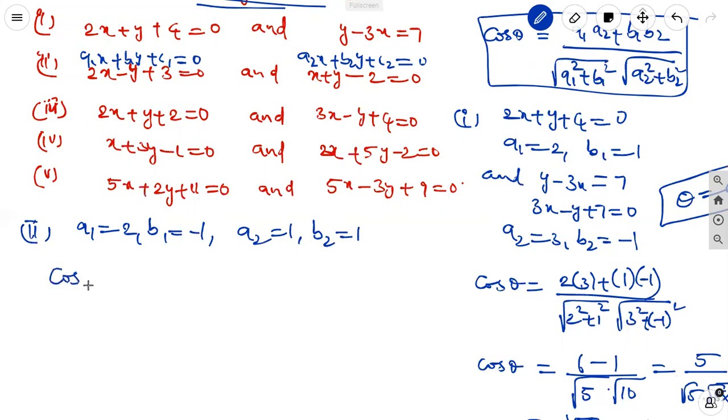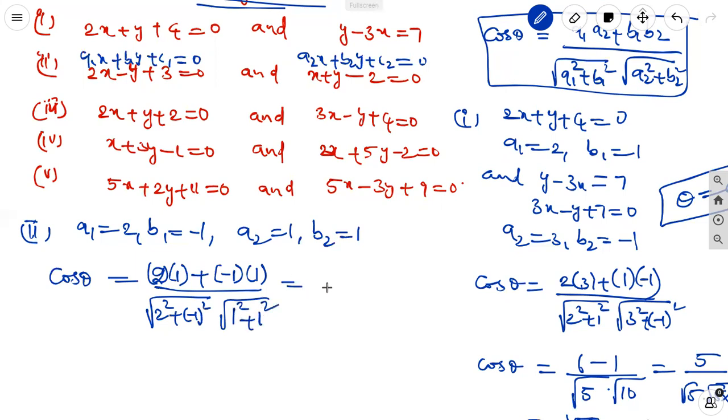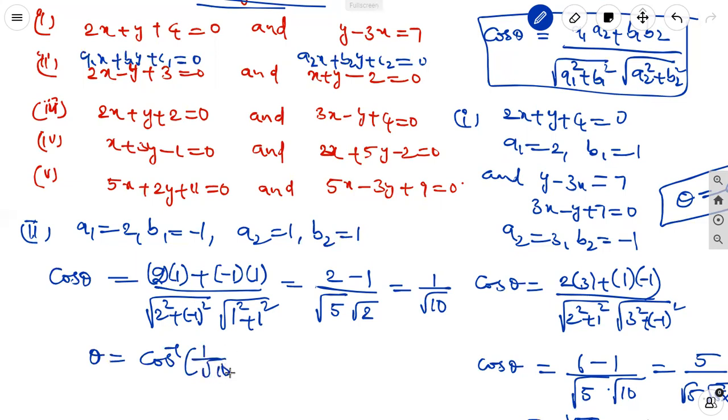Then if the angle between the two lines is theta, cos theta equal to a1 a2, here a1 is 2, a2 is 1, plus b1 is minus 1, b2 is 1, by under root of 2 square plus minus 1 whole square, under root of 1 square plus 1 square. These 2 1s are 2 minus 1 1s are 1, under root of 2 square is 4 plus 1 is 5, under root of 1 square plus 1 square is 2. It is equal to 1 by root 10. Then theta equal to cos inverse of 1 by root 10 is the angle.